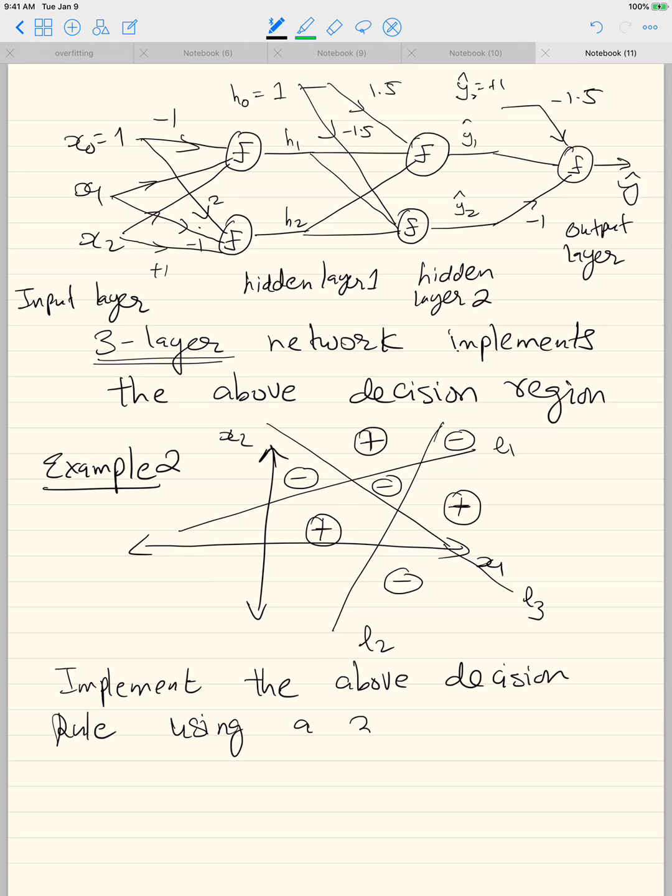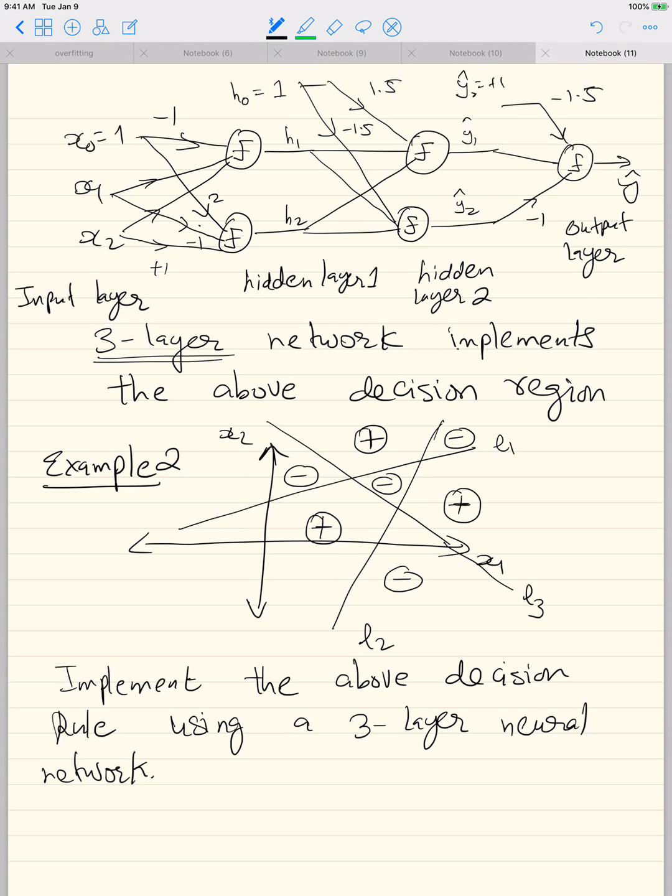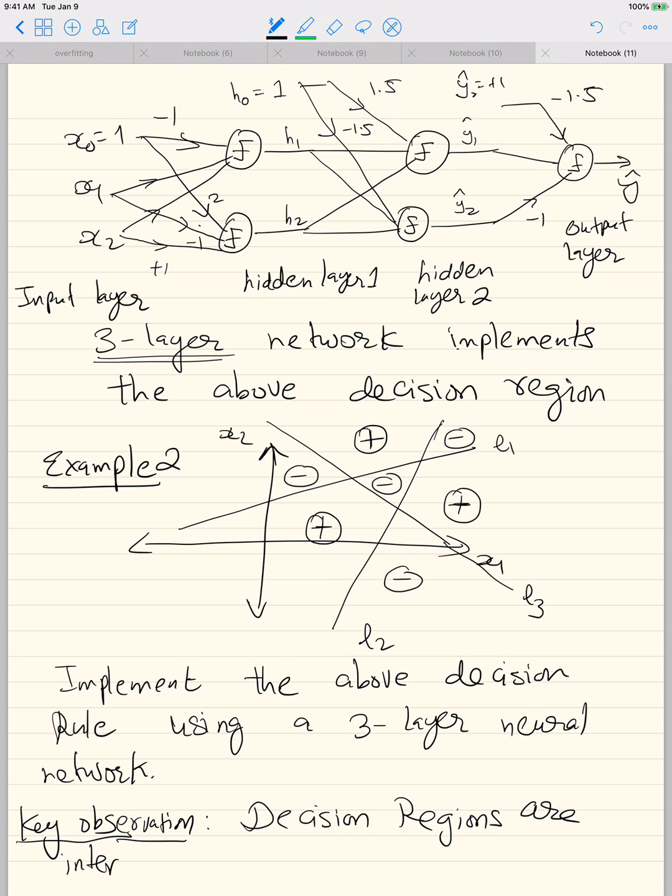Again, using a three-layer neural network. So the key observation is that our decision regions are intersections of planes defined by straight lines.